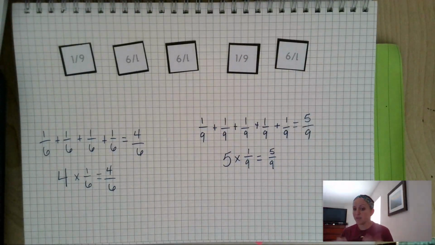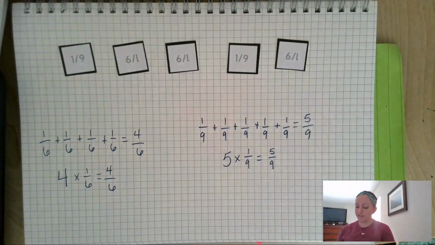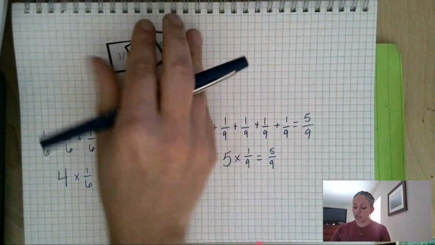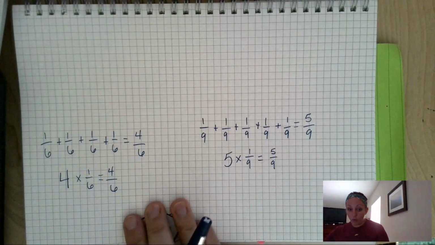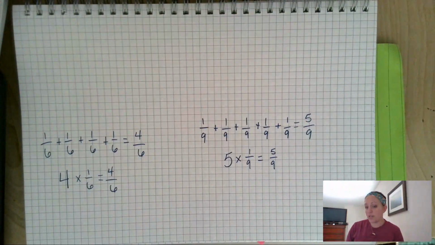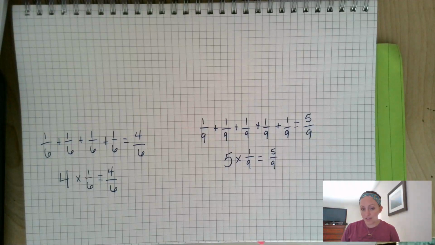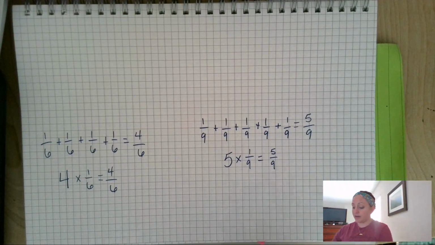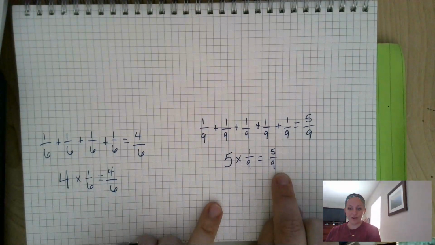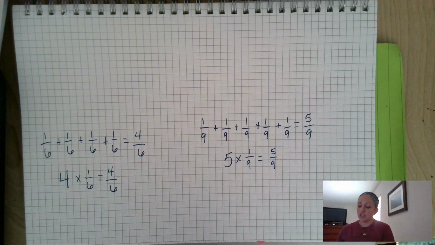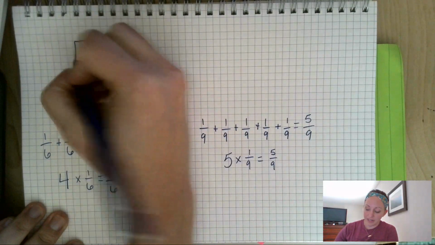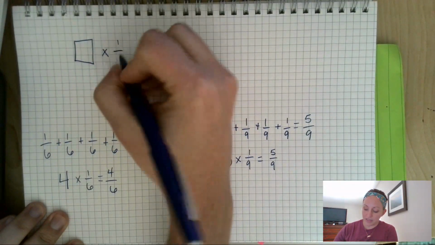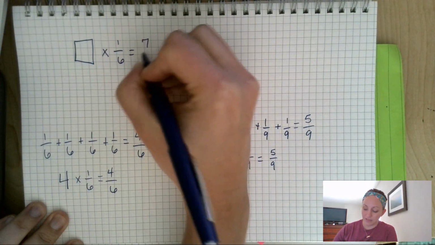And so what makes it really cool is you can actually fill in parts of an equation just with this simple knowledge. If I'm multiplying a whole number by a unit fraction, that whole number is going to become the new numerator for the fraction every single time. So I could have something that looks like, blank times 1/6 equals 7/6.